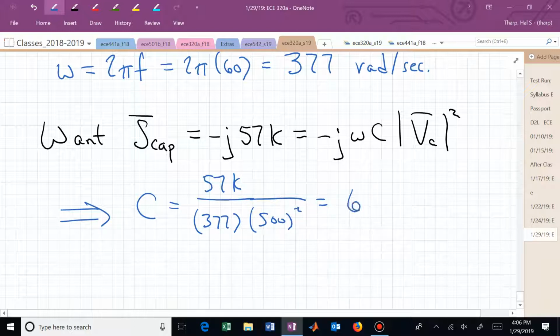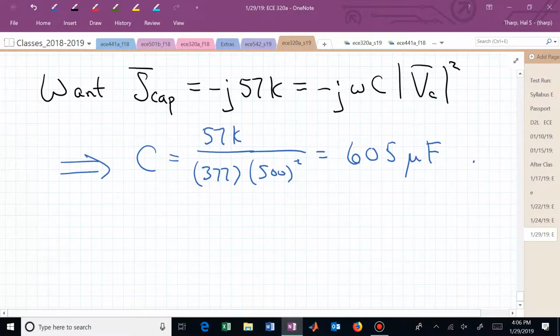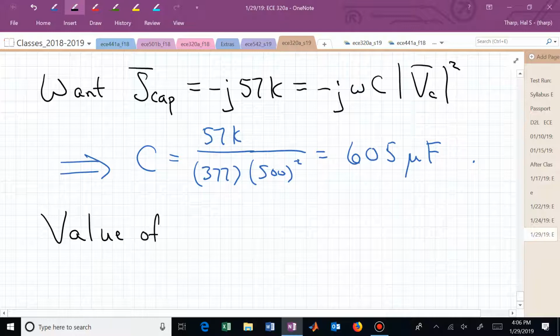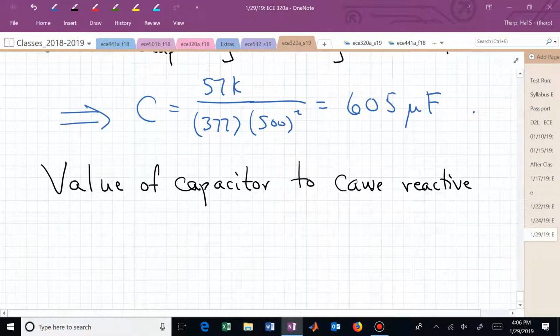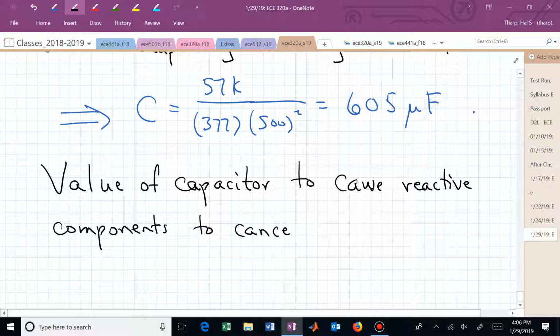And that ends up being 605 microfarads. And that's the value of our capacitor to cause the reactive components in this combination of load 1, load 2, and the capacitor to cancel each other out.